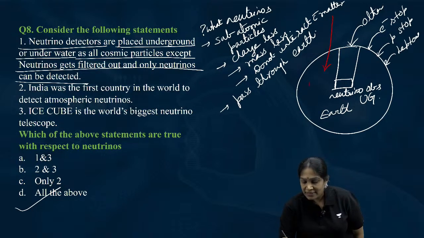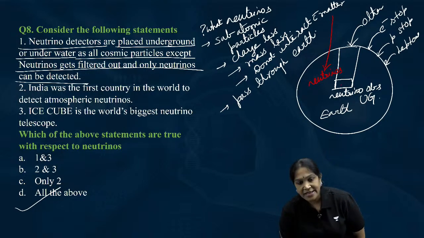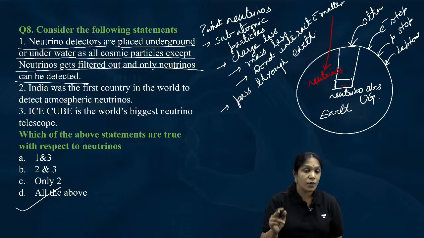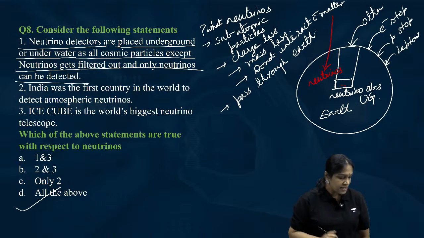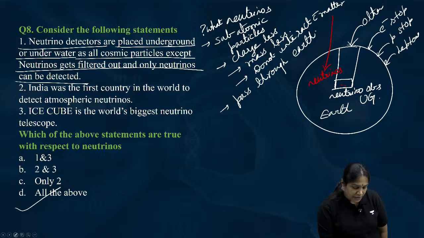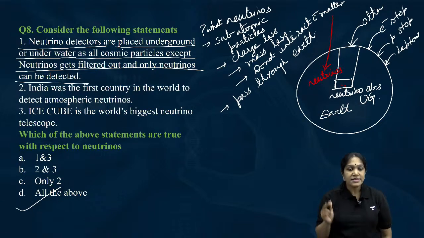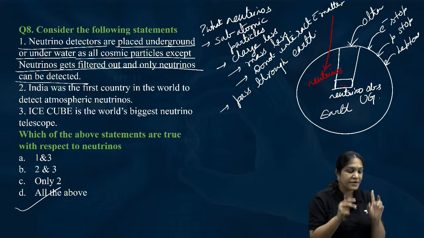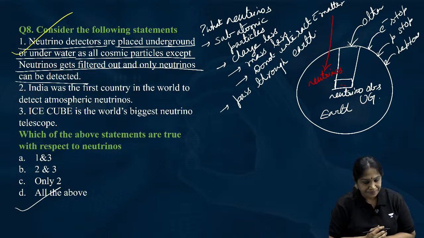Only the neutrinos will reach the detector. Without any disturbance, we can detect only the neutrinos. This is the reason why we keep neutrino observatories under the ground or under the water. So the first statement is correct.